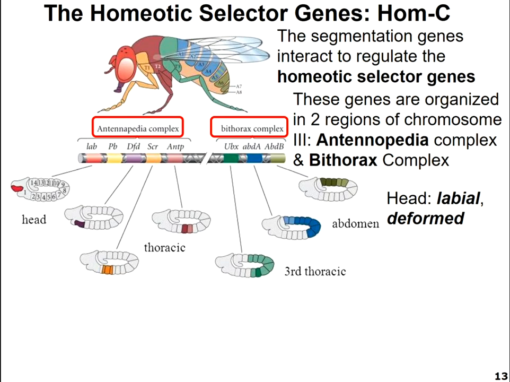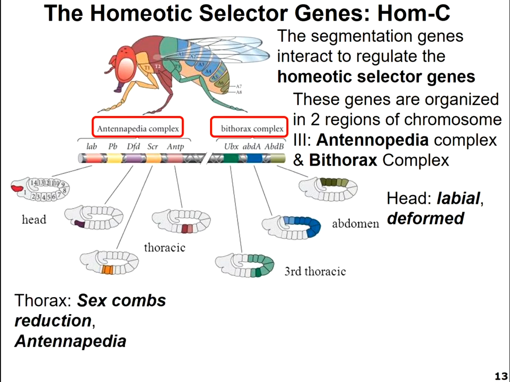The head of the fly is determined by the expression of anterior genes like labial, deformed, and proboscipedia. Now, labial, of course, refers to the lips, proboscipedia to the proboscis, the trunk, if you want, of the fly, and deformed refers to deformation of the head, therefore it is expressed in the head.